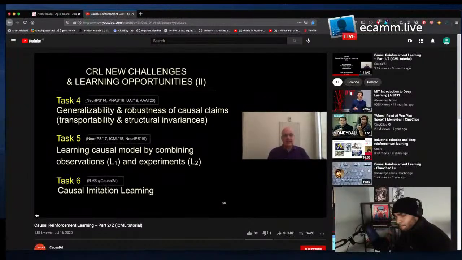The third task is about causal imitation learning. Babies as well learn by mimicking other humans or other babies. So this is well known, and this motivates the imitation learning literature. I think the nice observation here in the causal arena is that the learner and the demonstrator can have different causal models. And it turns out that imitation is not necessarily what we want, or at least there are limits about when you should just be imitating another agent, even when the other agent is an expert.